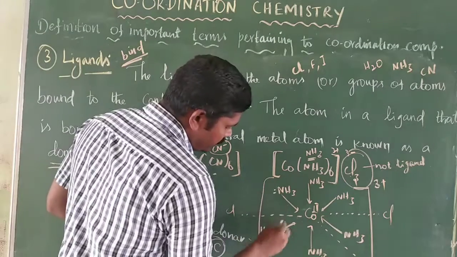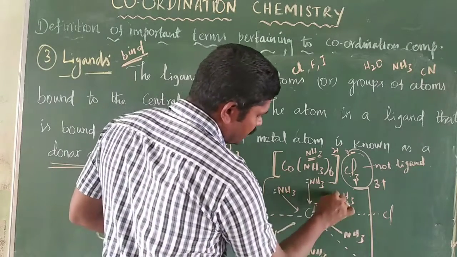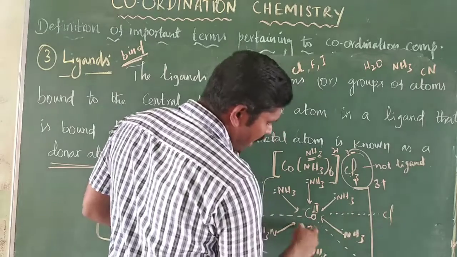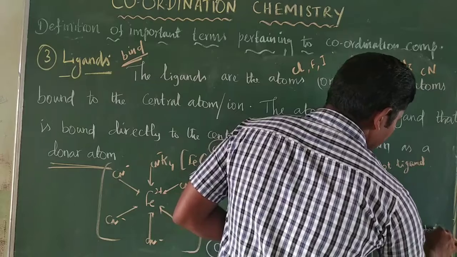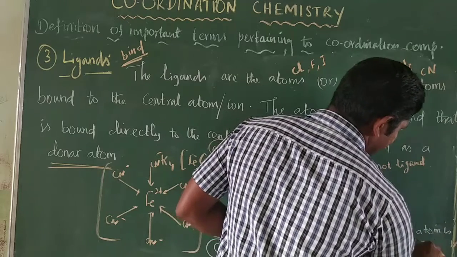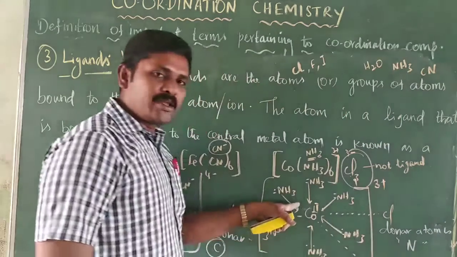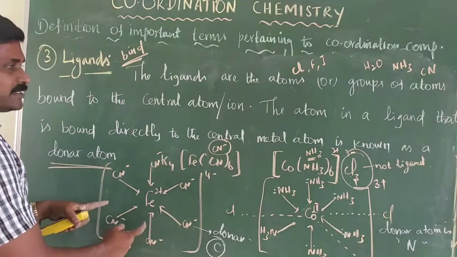In this complex, the donor atom is nitrogen. So the donor atom is nitrogen here, and carbon there.